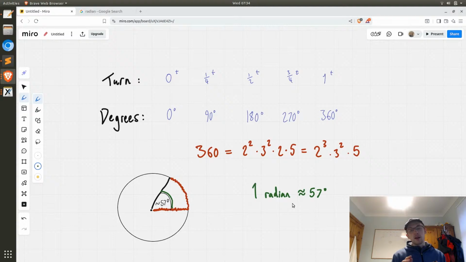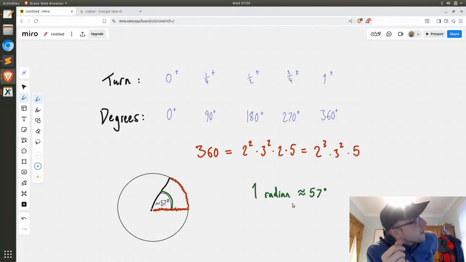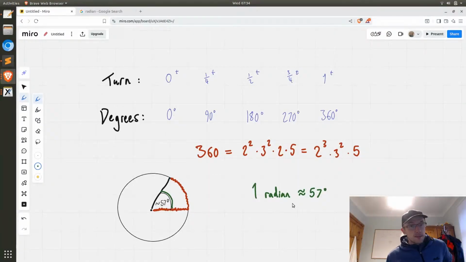How many radians are there in 1 full turn? Well, 60 times 6 is 360 degrees. So is it not a whole number? Absolutely, it's not a whole number. In fact, if you think about it a little bit, it must be 6 point something, right?